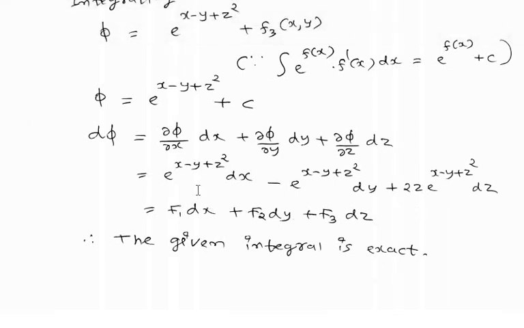Now you can see that this is nothing but f1. This is nothing but f1, and minus of e raised to x minus y plus z square is nothing but f2, and this is nothing but f3. So we have got the result d phi equals to f1 dx plus f2 dy plus f3 dz. So from this condition we can say that the given integral is independent of path.